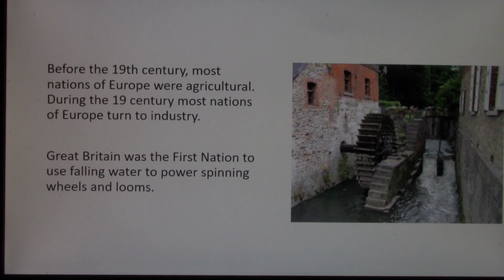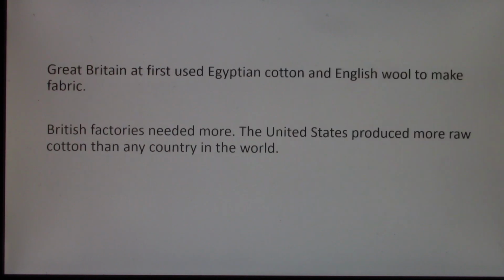This is an example where water has been diverted and the water is placed on this wheel to turn it, and the turning of the wheel provides the power for the spinning of looms and spinning wheels to make our raw wool or raw cotton into a garment.